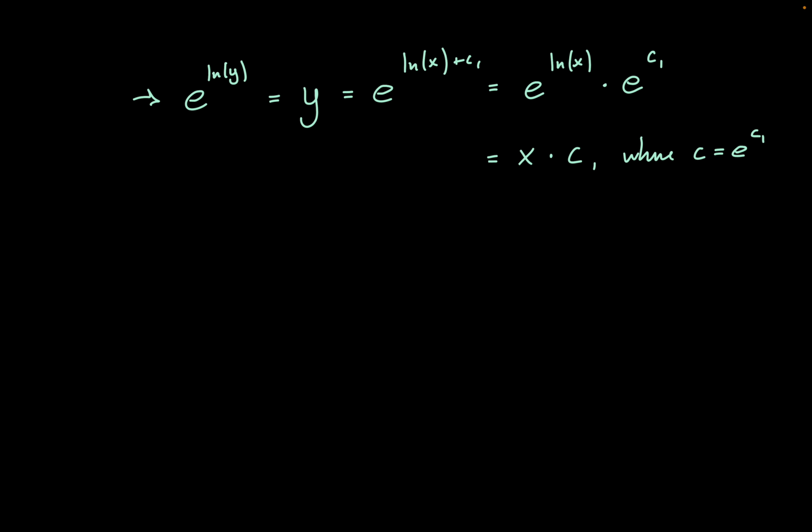So in the end, our streamline equation is y is equal to x times some constant c. Now remember, we can get a different streamline by inputting a different value of c.